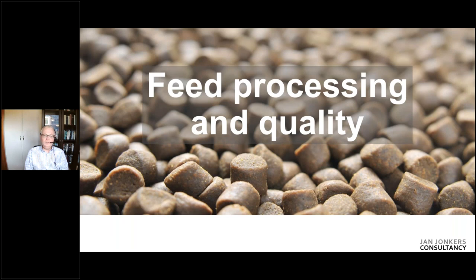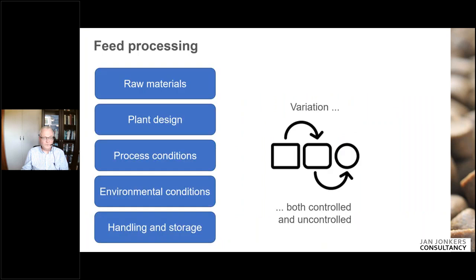So then if we move to the third topic, feed processing and quality. Feed processing has a lot of different variables in the feed processing plant. A lot of these can be controlled, like the plant design, the processing conditions you can choose yourself, and what kind of raw materials you're using is also in your own control.